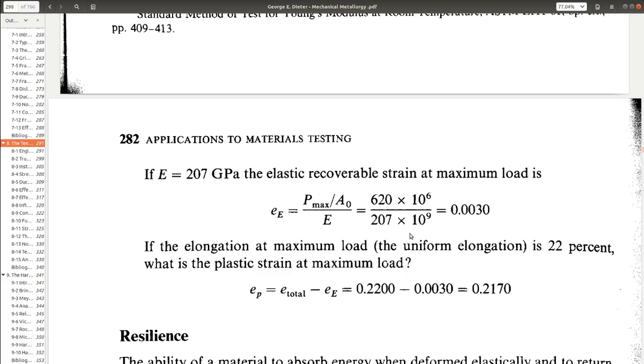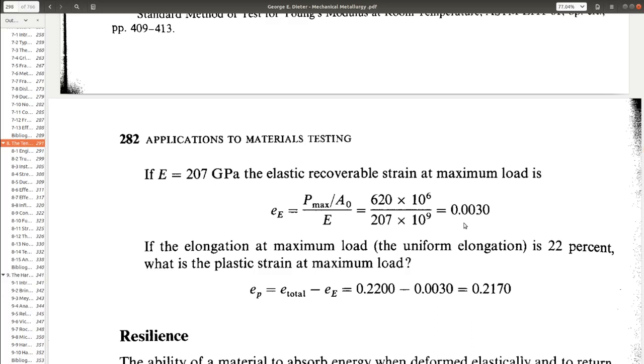When I start unloading, that will be the maximum recoverable strain, which is the ultimate engineering stress divided by Young's modulus, which gives us the maximum recoverable elastic strain.